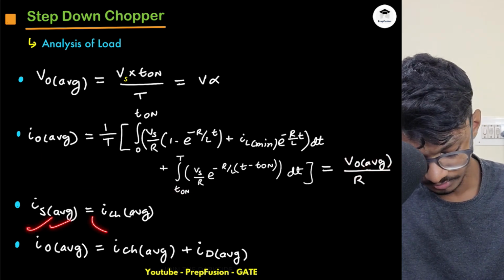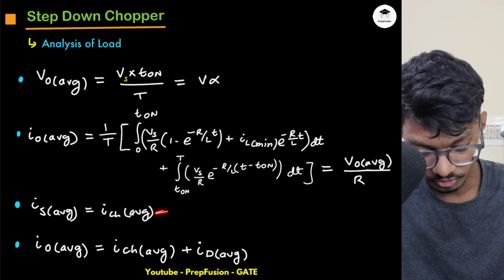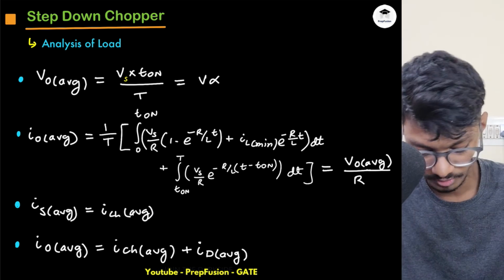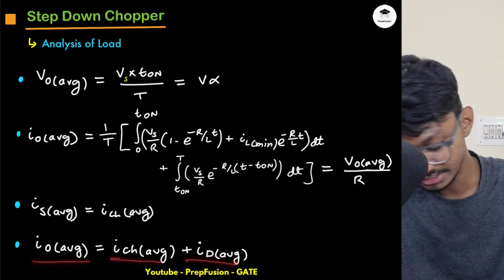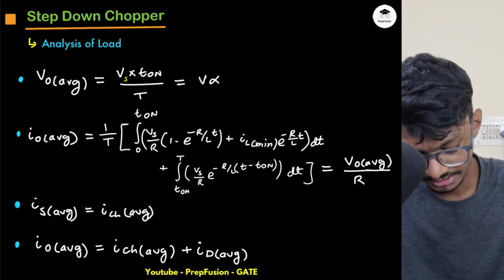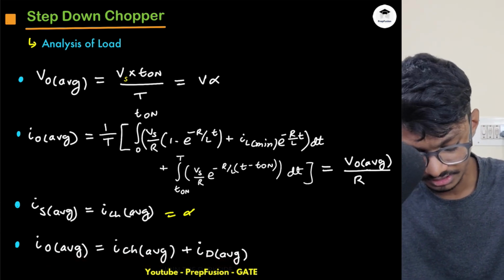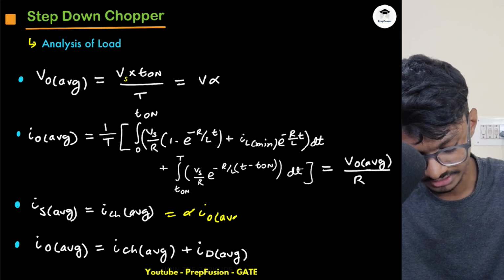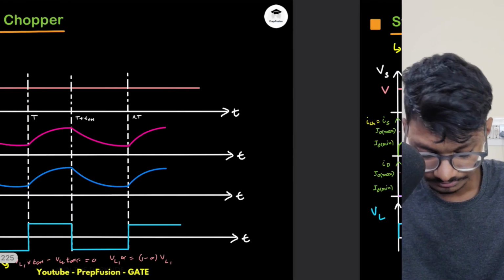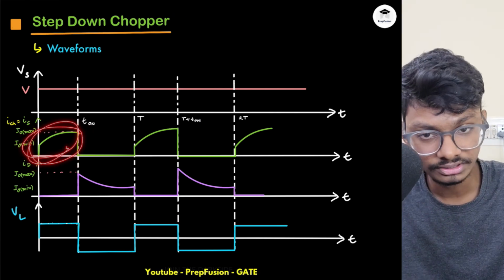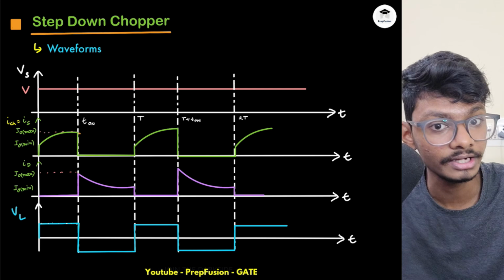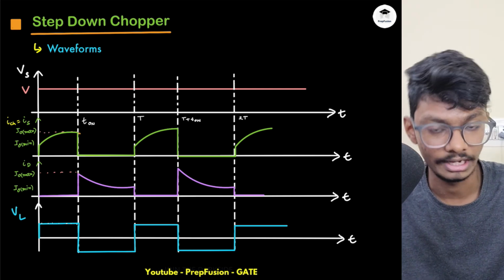And IS average will be equal to I chopper average, and it will be lower than the IO average. As my IO average is I chopper average plus ID average, my ICH average in terms of IO average will be simply alpha times IO average. Why is it alpha times IO average? Because from 0 to T on, this is present. So the area will be IO average into T on.